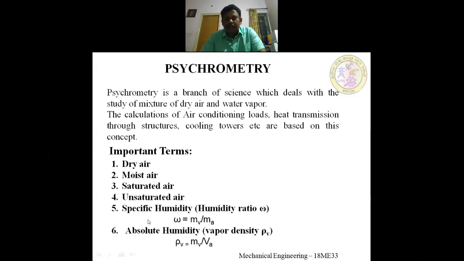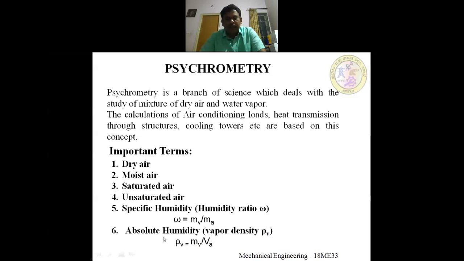The next definition, specific humidity, also known as humidity ratio omega, is defined as the ratio of mass of water vapor to the mass of dry air. The unit will be kg per kg of dry air. Once again, specific humidity is the ratio of mass of water vapor to mass of dry air, kg per kg of dry air.